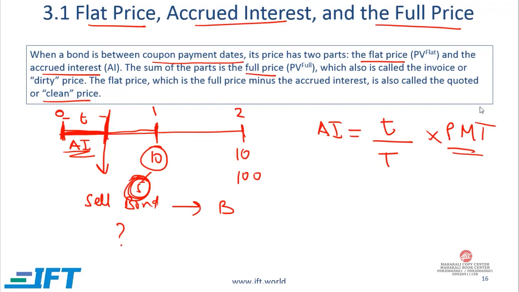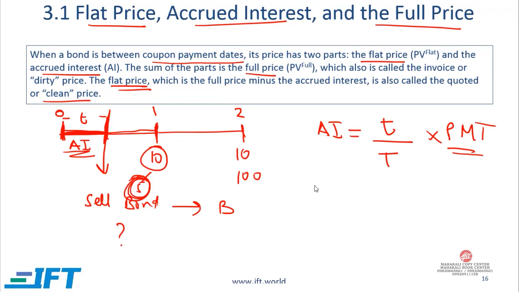Once you understand this point, you can also see why the price that is quoted is the flat price. If the full price were quoted, then the price would change every day because accrued interest would be changing every day. And this should be obvious, but I'll just put the formula down here also.